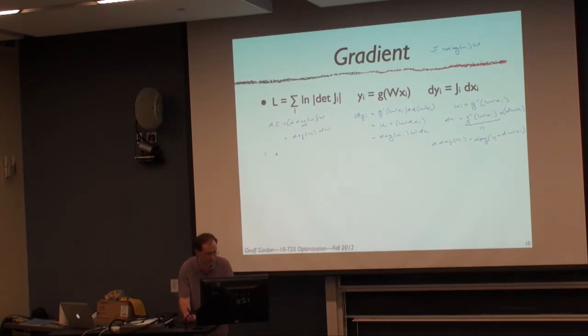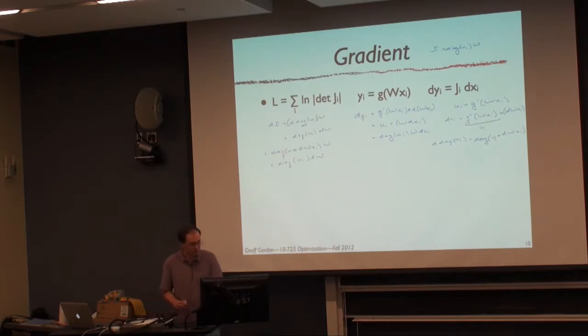So this is equal to diag of v Hadamard dW x_i times W, plus diag of u_i times dW.